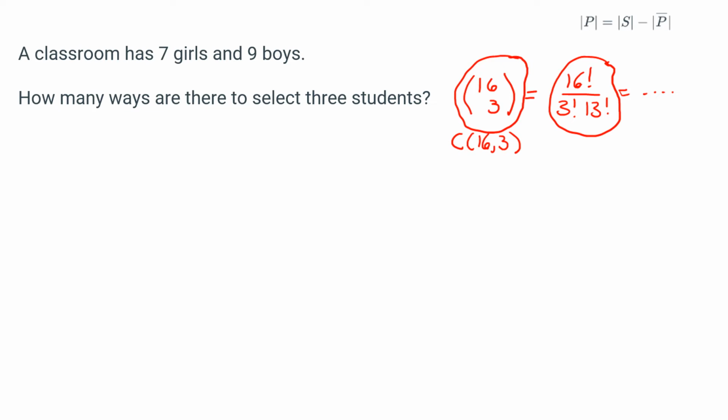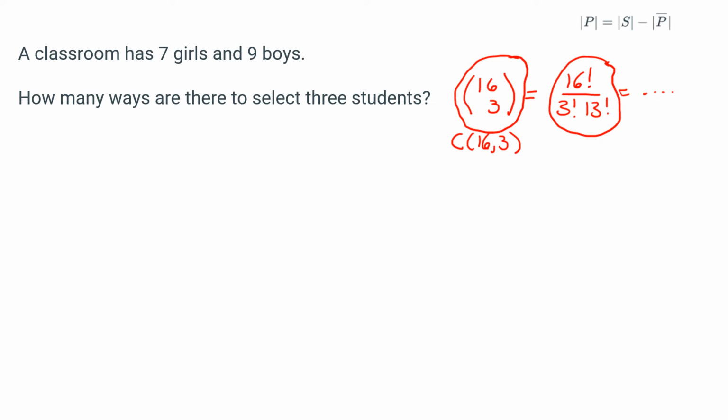But I think I've said before that usually zyBooks wants you to just answer in terms of either 16 choose 3 or this combination with 16 comma 3. So you would probably not even have to use the formula. You'd probably just answer it either with a 16 and 3 in the big parentheses, or just type out the words 16 choose 3, or put it with a capital C and then the 16 comma 3.